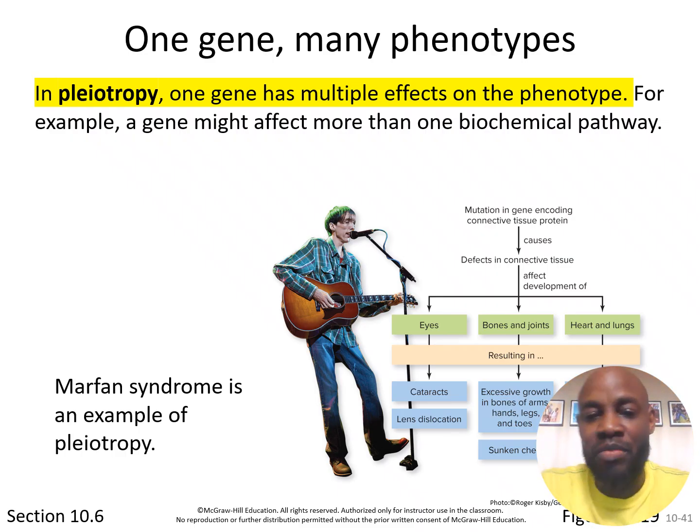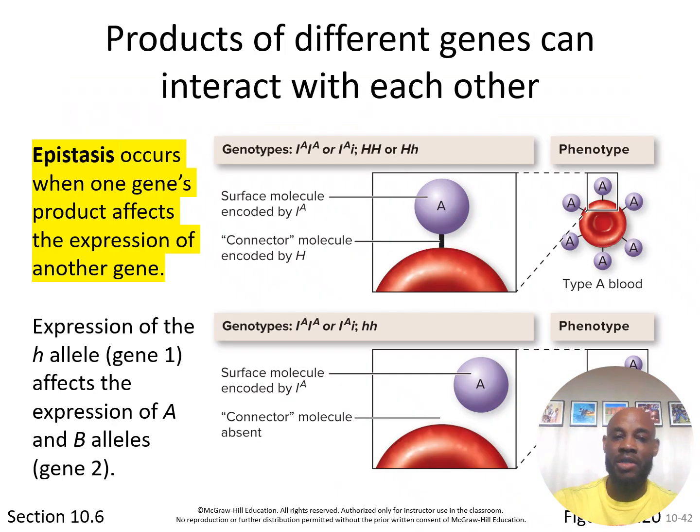For example, a gene might affect more than one biochemical pathway. In this case, Marfan syndrome can affect your eyes, your bones, your joints, your heart, and your lungs. So one gene having multiple effects is pleiotropy.